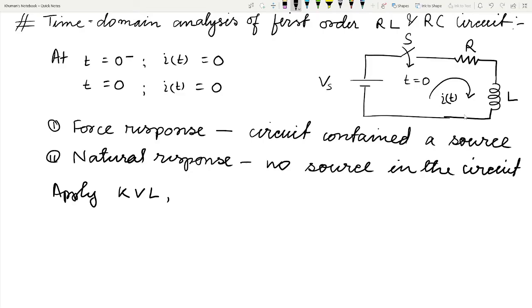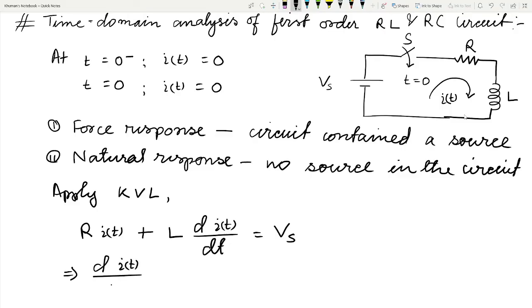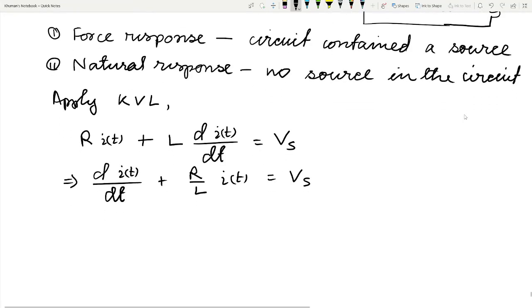The equation will be R i(t) plus L di(t) by dt equal to Vs. After rewriting it, we can write this equation as di(t) divided by dt plus R by L i(t) equal to Vs by L.